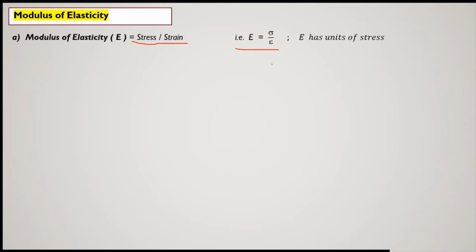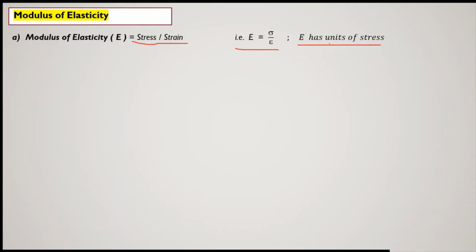So this will be the formula for modulus of elasticity, where E is the modulus of elasticity or elastic constant, sigma is the stress, and epsilon is the strain, and E has the unit of stress.